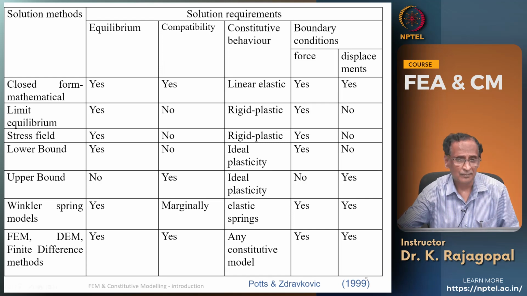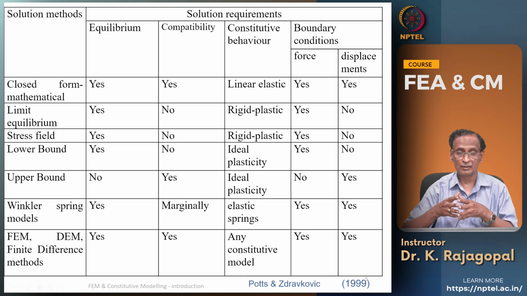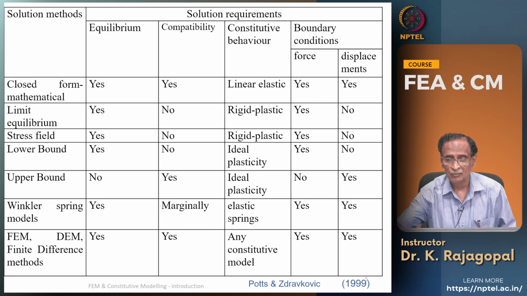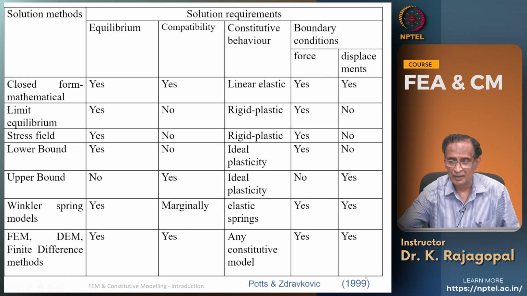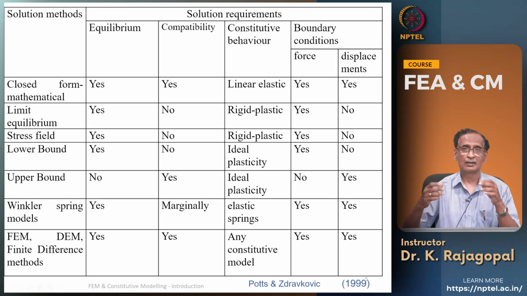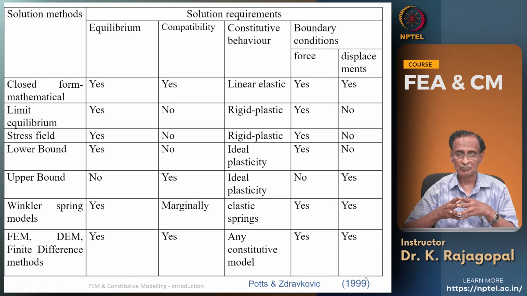See, these assume a rigid plastic type constitutive model, and we will not be able to satisfy most of our compatibility equations. Because of that, we will not get any deformations. We cannot predict our deformations. And then there are other methods like the stress field method.